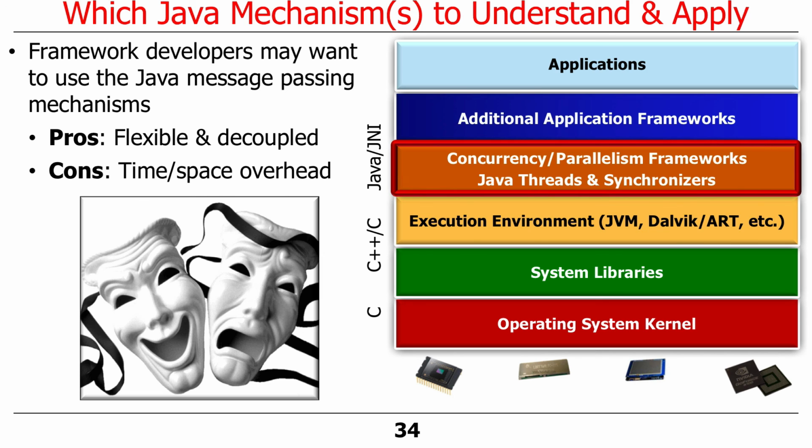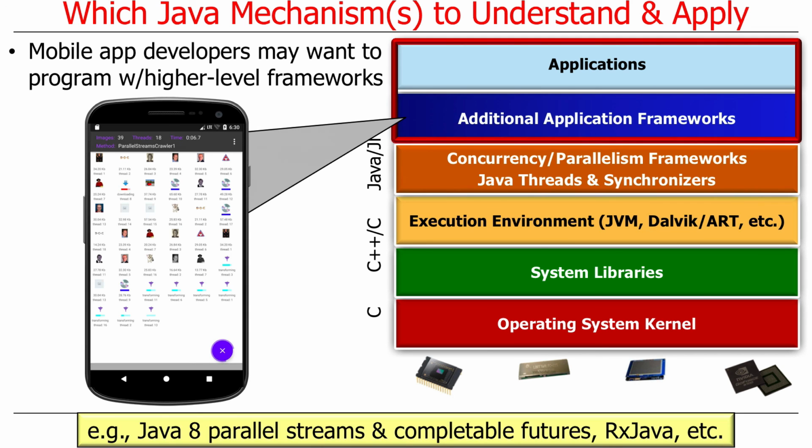The downside is when you start passing messages versus accessing these shared resources through the lower level mechanisms, it adds additional time and space overhead to your program. So they typically will not be as efficient as the approaches that use the shared object style, but they'll be easier to write and easier to think about and easier to compose. So there's trade-offs, right? Classic trade-offs between productivity and performance.